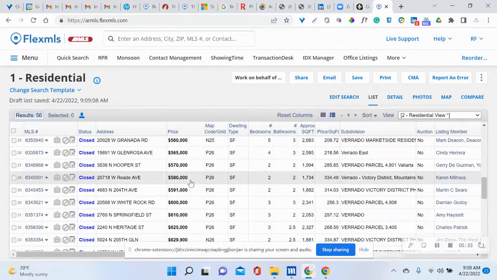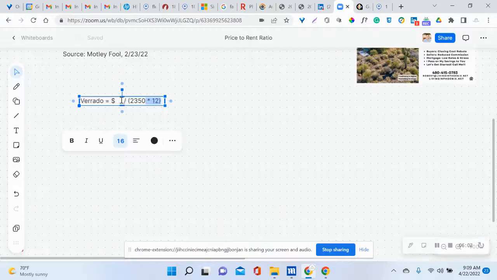To come up with that median value, I'm going to take 580 plus 591, and divide that in half. That gives me a value of 585.5. So we'll plug this into our formula.